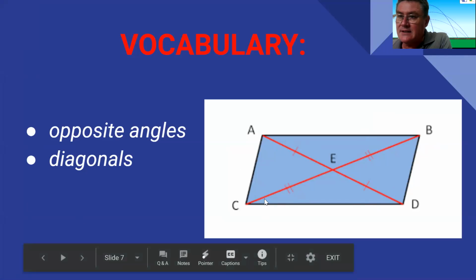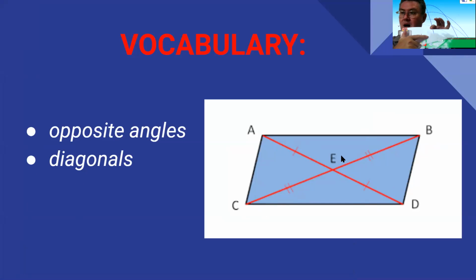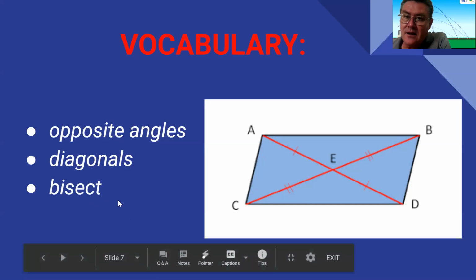Diagonals. What is a diagonal? Diagonals are these lines that cross from the points, the vertices of the parallelogram, and bisect. What does it mean to bisect? You guys have been studying biology and been doing bisecting or dissecting insects.